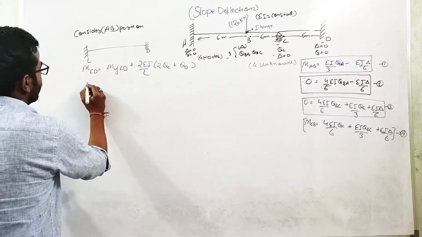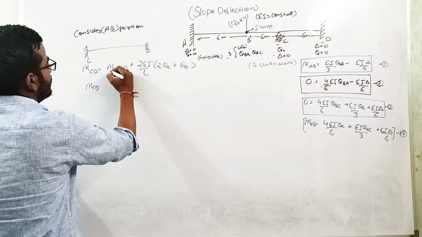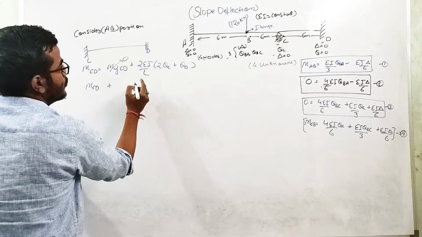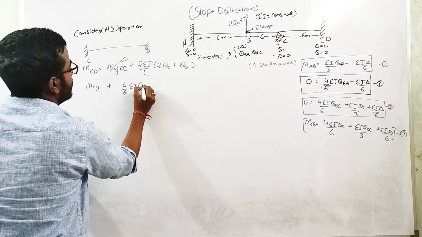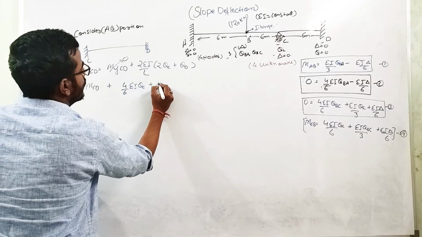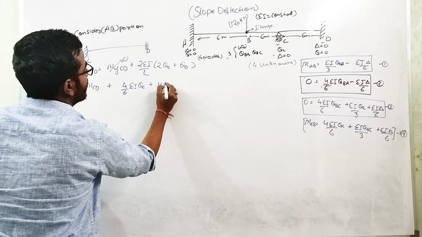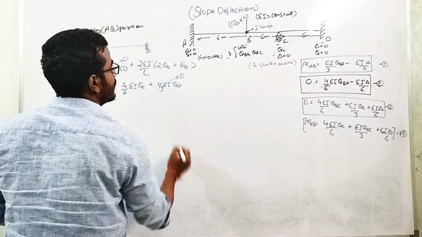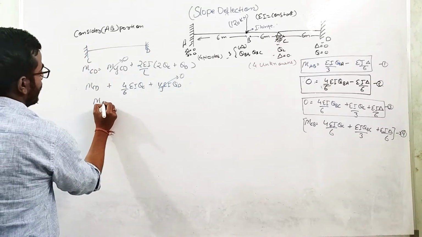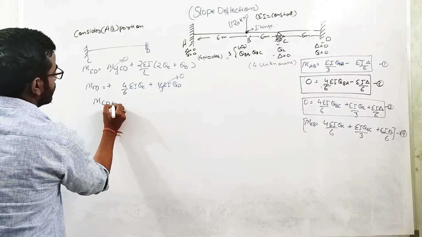So I can write M_CD equals 0 plus, L is again 6, so 4 by 6 EI θ_C plus 1 by 3 EI θ_D, and this θ_D term is 0.